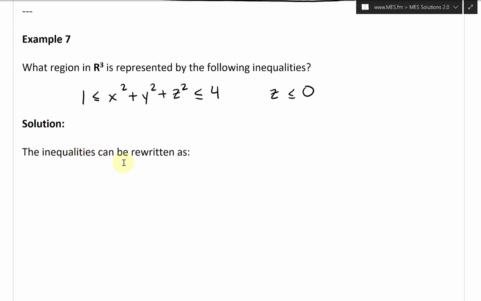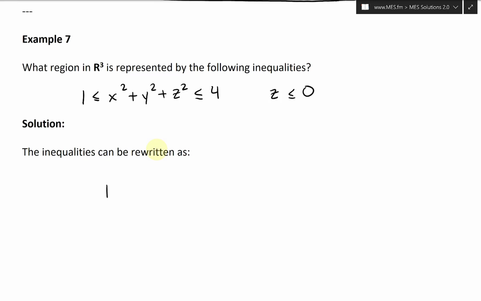The inequalities can be written as, basically we're going to take these two inequalities, greater than or equal to 1 and less than or equal to 4, and take the square root of both sides.